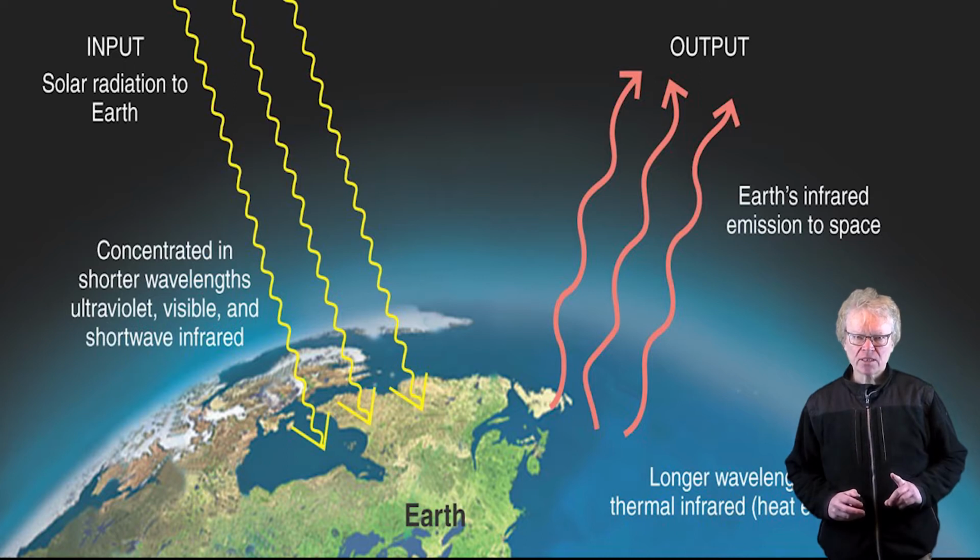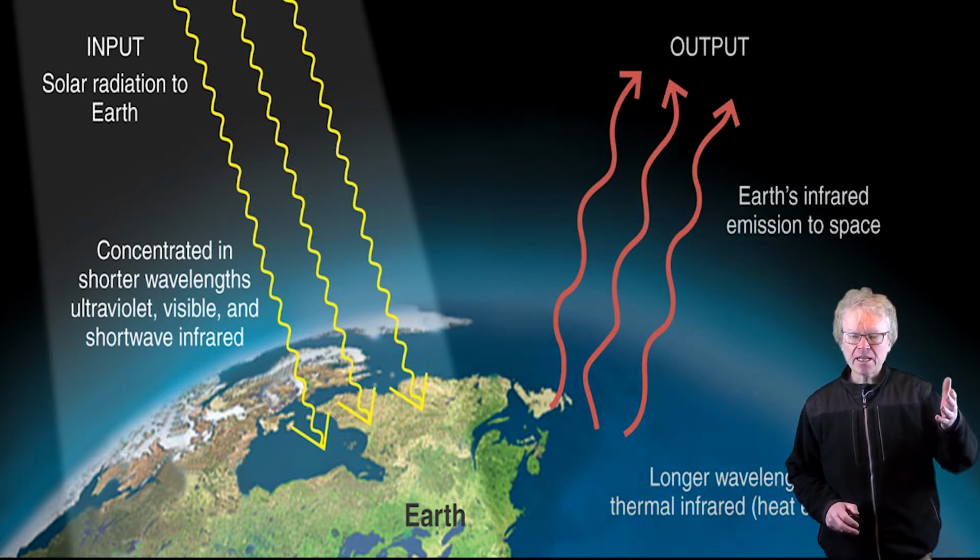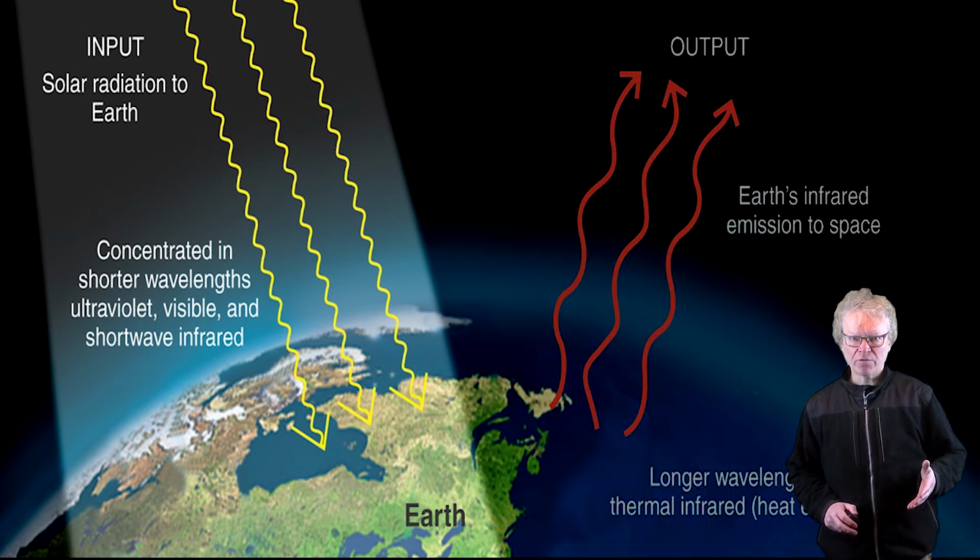First concept to understand is the difference between shortwave and long-wave radiation. Just simplifying the process for the moment, the energy that comes from the sun is shortwave radiation, and it much more easily passes through the atmosphere. You'll see that some things happen to it, but most of it passes through the atmosphere.